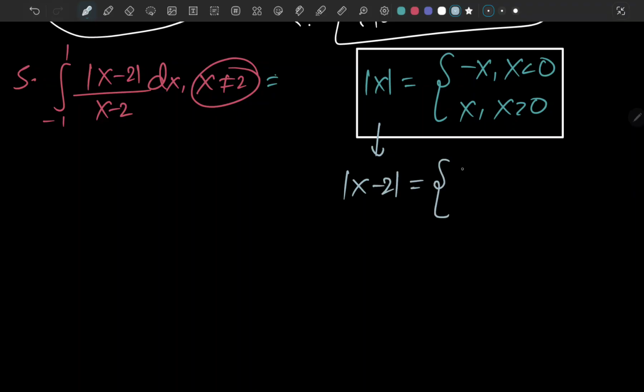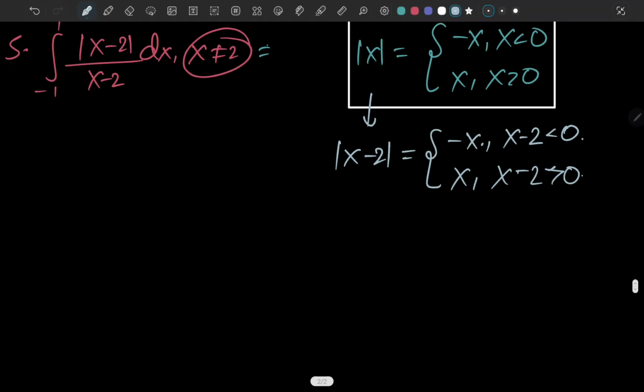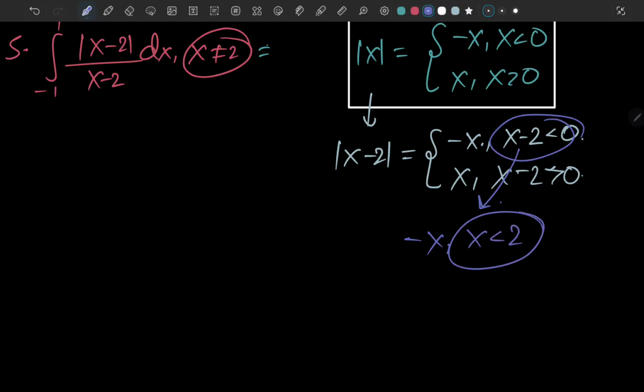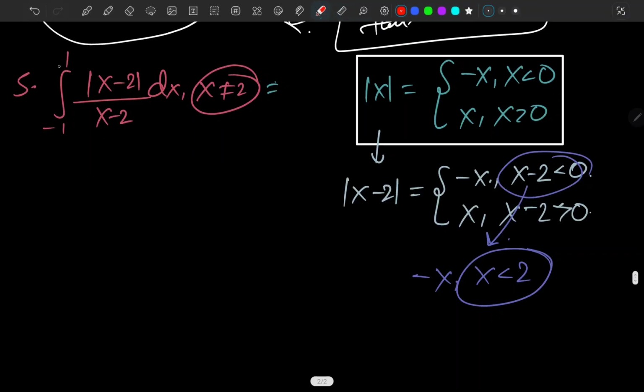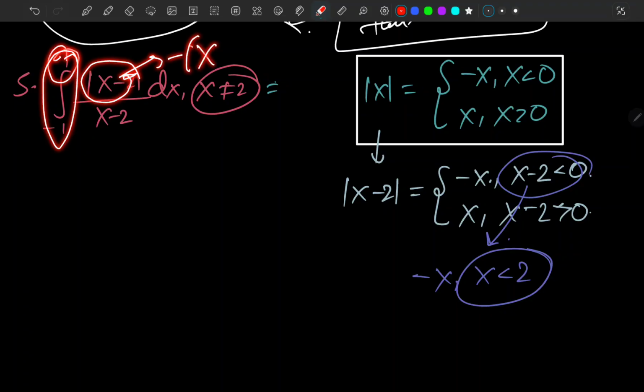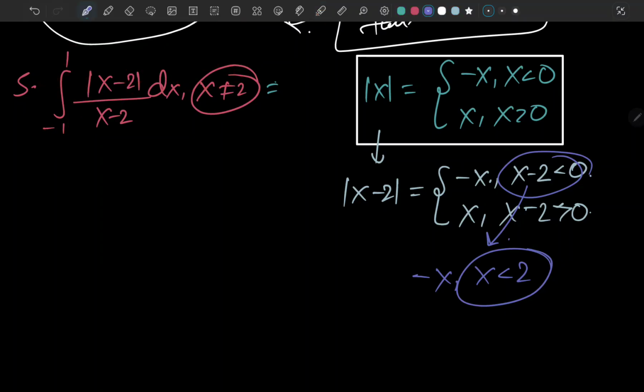This becomes negative for x minus 2 less than 0, and positive for x minus 2 greater than 0. So this becomes negative for x less than 2, and our limits, 1 is less than 2. So for this integral, the absolute value opens with a negative sign only, and that's where I just got stuck. I'm sorry guys for that.